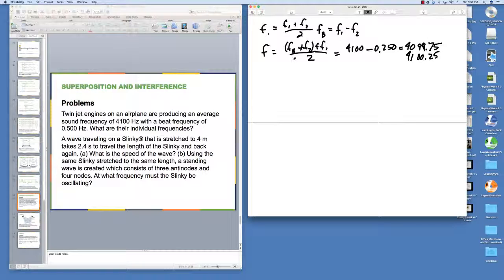And what you notice here is that if you take the beat frequency, divide it in half, and subtract it from and add it to the average, you end up with the two frequencies, and their difference is the beat frequency.